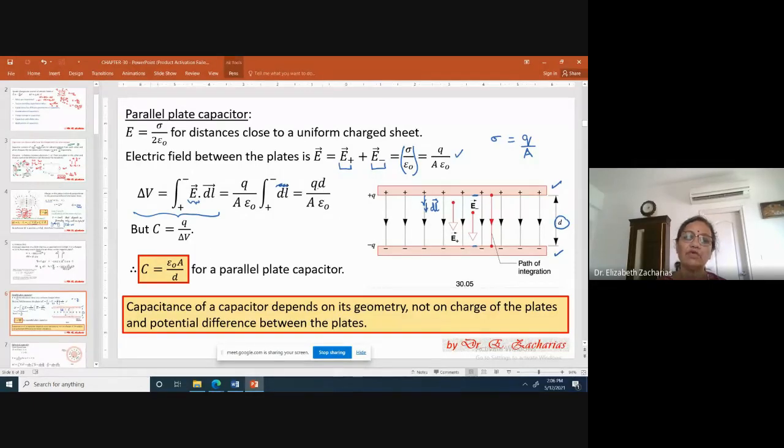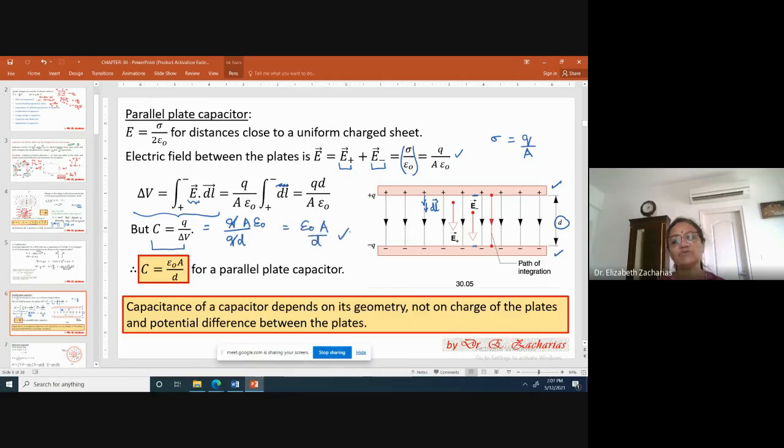But a few minutes back, we have seen that C is equal to Q by potential difference. So we will substitute for this delta V. Then A epsilon naught will go up, Q and Q will cancel, and you will get epsilon naught A by d.